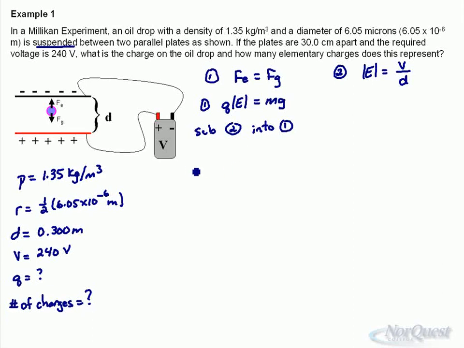What you'll end up with is equation 1 will now look like Q, but instead of E, I'm going to write V over d. So it'll be QV over d equal to mg. So far, so good. I have voltage, I have distance between the plates, I have acceleration due to gravity. I still don't have mass.